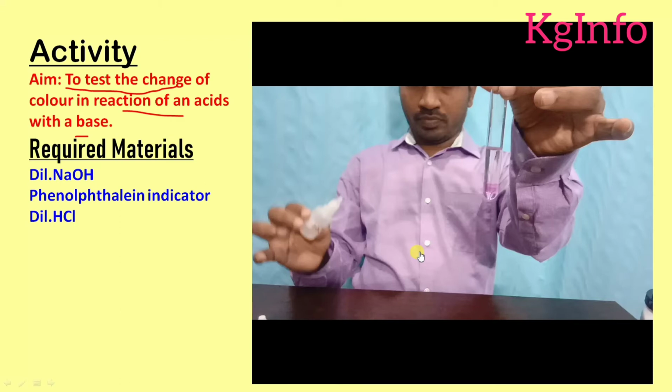So here, if you are adding HCl solution drop by drop, the effect of the base is nullified. That means the phenolphthalein indicator gets its original color. What's the color of phenolphthalein? Colorless. That's why the solution becomes colorless.